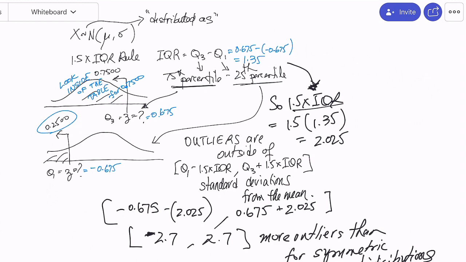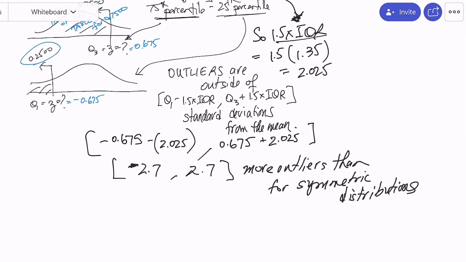Because this is a smaller range. It's smaller than negative 3 to 3.